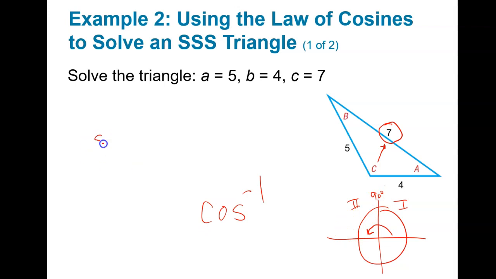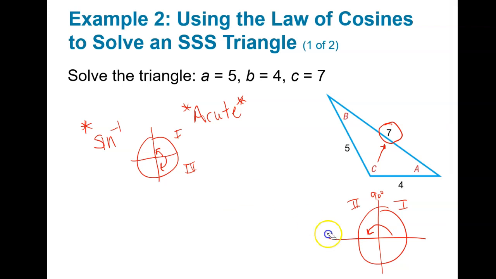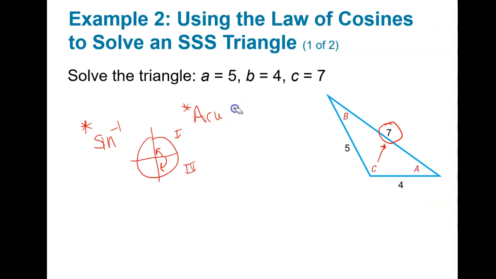Law of sines has inverse sine to find the angles, and that's only quadrant 1 if it's positive and 4 if it's negative. But they're always acute. The law of sines, if you use inverse sine, cannot find an obtuse angle, where the law of cosines can. So that's why the first angle we solve for in the SSS case is always the angle opposite the largest side length.